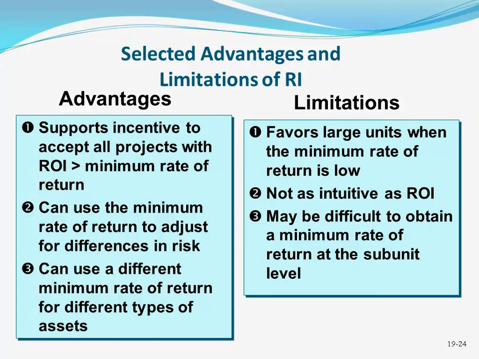You have to adjust the residual income for scale by dividing it by the asset base. It's not as intuitive as the ROI, and it may be difficult to decide what the minimum rate of return is when you talk about subunits, such as investment centers within a company, rather than when you talk about a company as a whole.